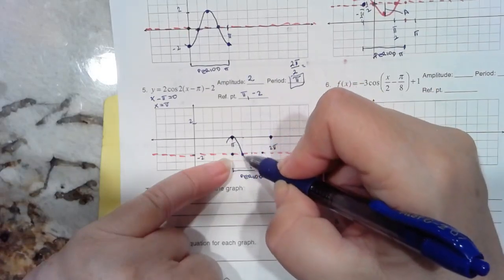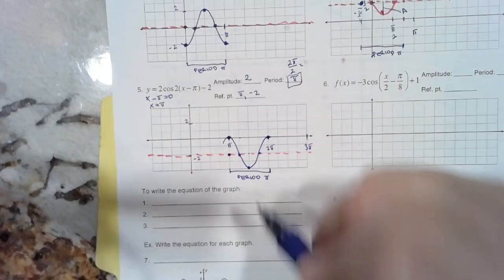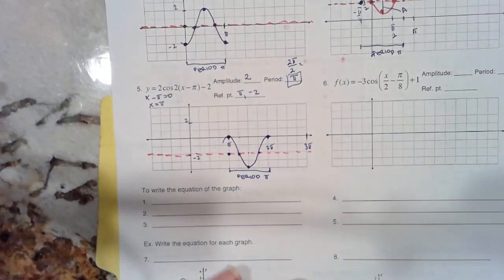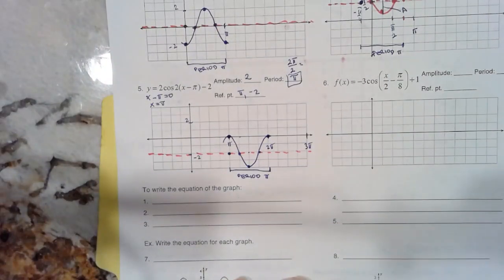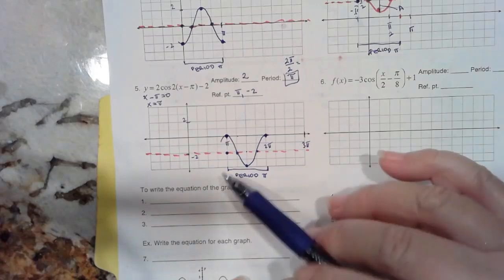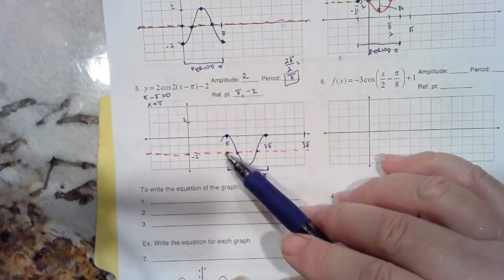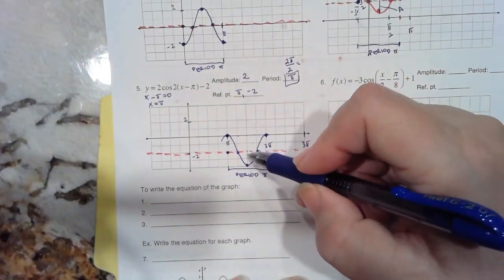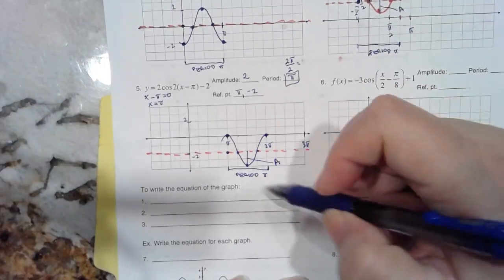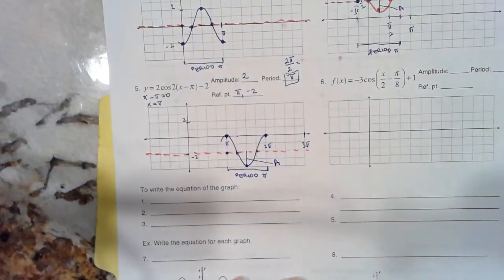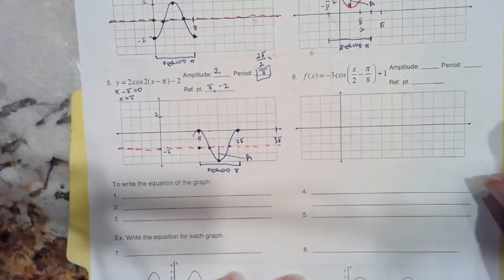So curve, curve, and over. Okay? Here is your reference point, pi and negative 2, up 2, so this is your amplitude, and the period is over here. Okay, let's look at the next one.